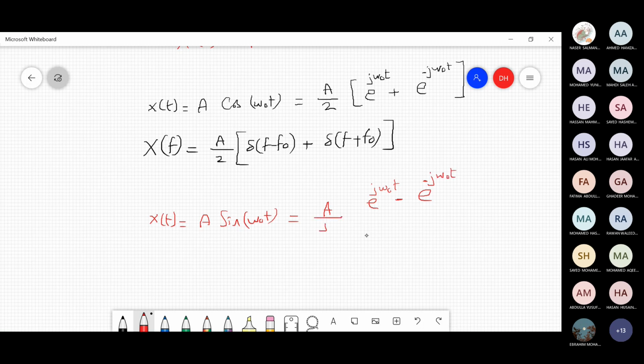So j2 is constant, I can put it here. Then X of f is equal to the constant times: from the first one, I will get delta f minus f naught, minus delta f plus f naught.